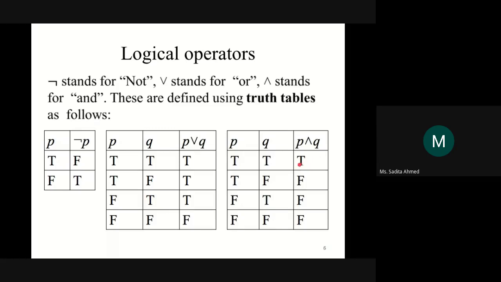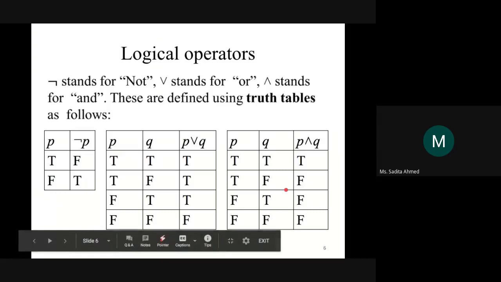All of them. This will be true only and only when all of the input variables have a truth value of true, as you can see here. Both of the two have a truth value of true. So that's why we have true in the output.